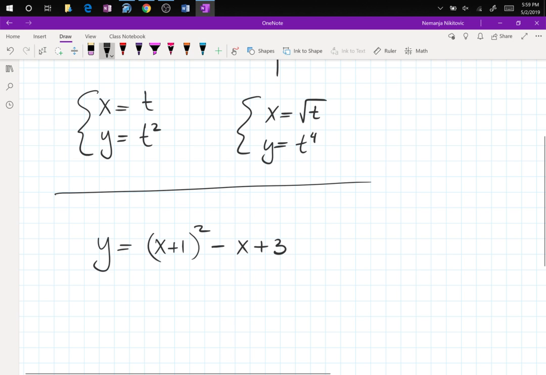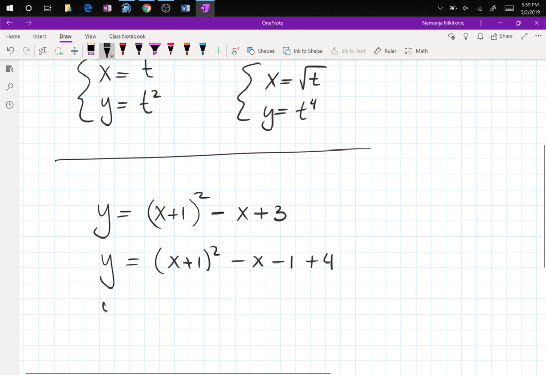I'm going to rewrite this using algebra. So x plus 1 squared, and I'll say minus x minus 1 and then plus 4. What I have done is I put minus 1 and plus 1 into the mix. And now I am going to factor this minus sign, and get another x plus 1 and then plus 4.